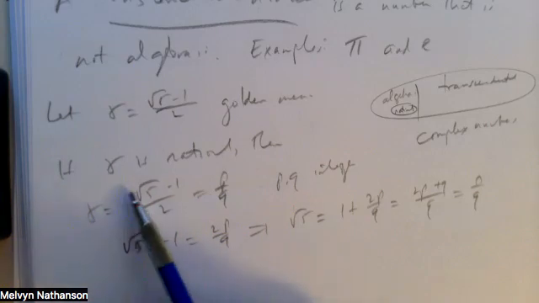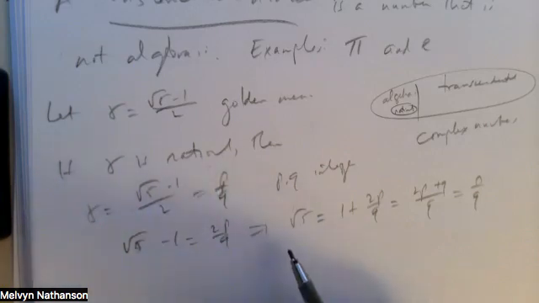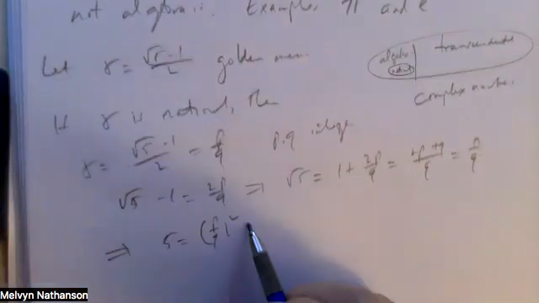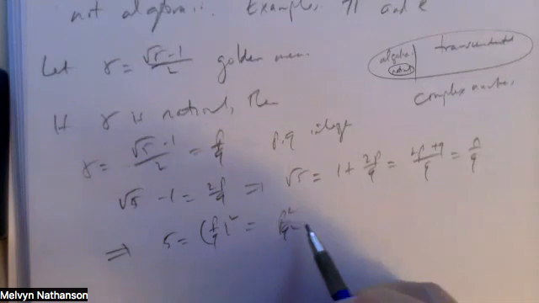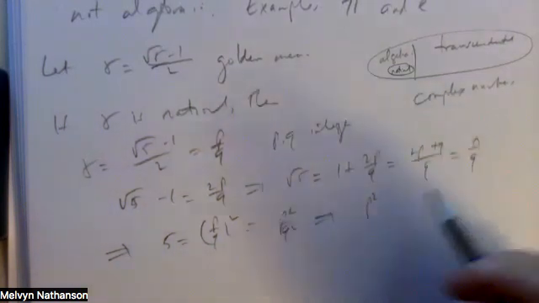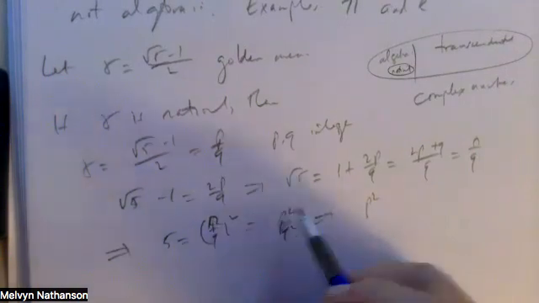So if gamma is rational, then square root of 5 is rational. And if you square both sides, 5 is r over q squared, which is r squared over q squared.